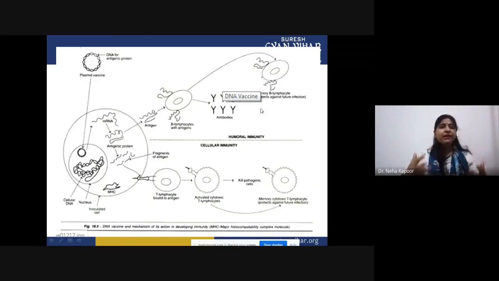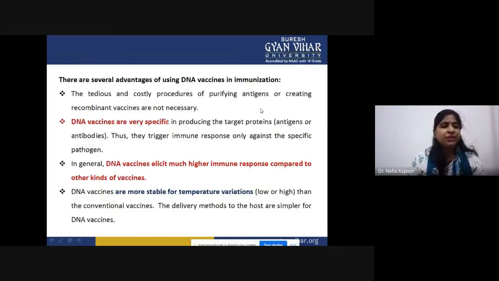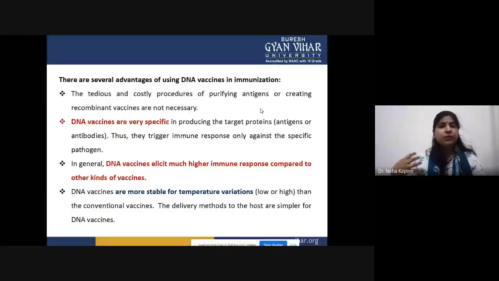However, there are many advantages of using DNA vaccine in immunization, because the tedious and costly processes of purifying antigens or creating recombinant vaccine are not necessary. In this case, we are directly preparing the recombinant plasmid and injecting it. They are quite specific in nature because they produce the target proteins.